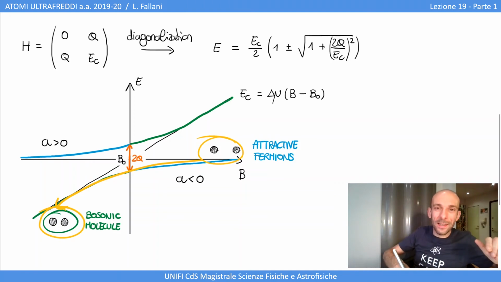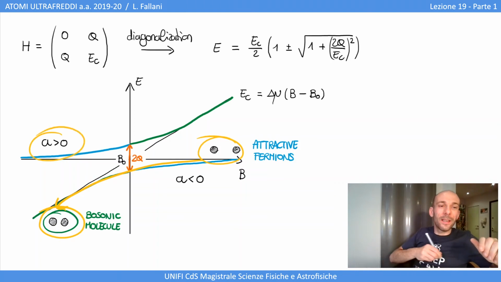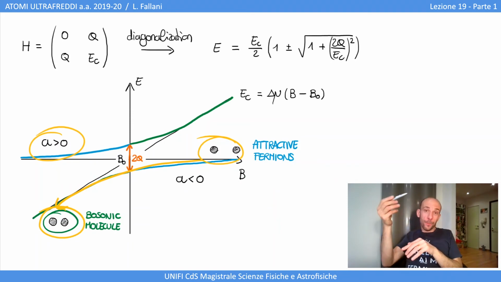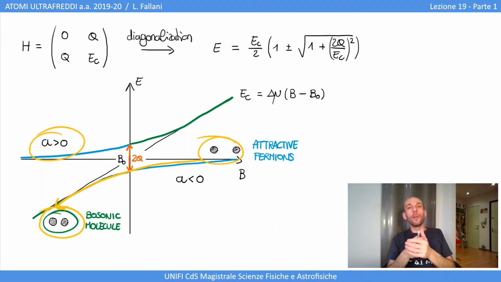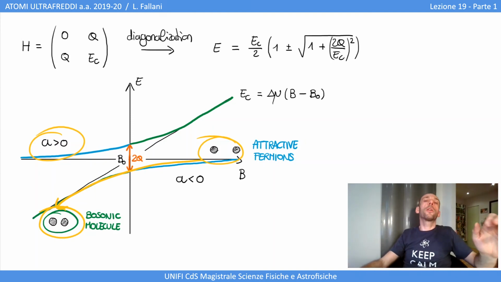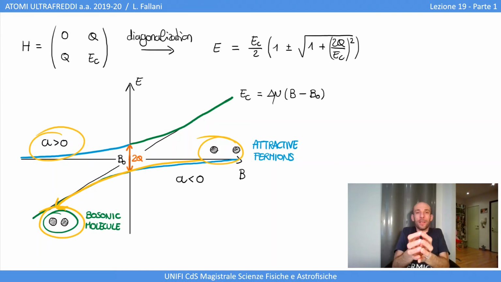So in some sense, the scattering state for positive scattering length is the upper branch. So it's a kind of metastable state. The lowest energy state in the problem is the bound state, that is the molecule formed by the two fermions, and so there is no contradiction in that. So you can have a strong bound state even if you are considering a positive scattering length.